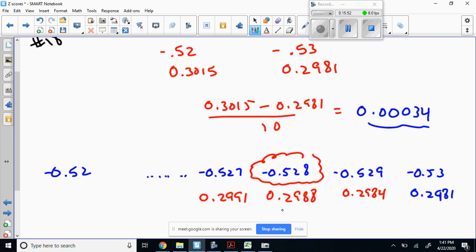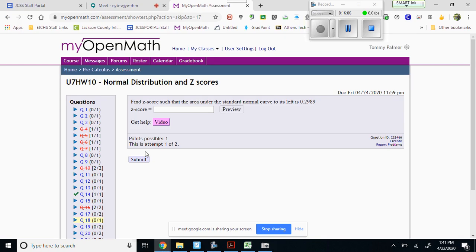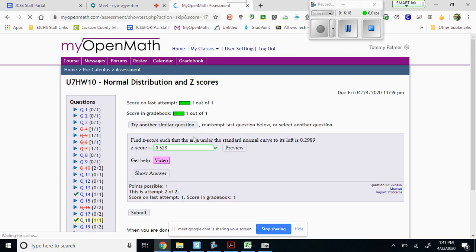So negative 0.528. Because it didn't say round it, did it? On mine, it didn't say round it. So let's go negative 0.528. That's what I should put in. Negative 0.528. All right. Boom. There you go.